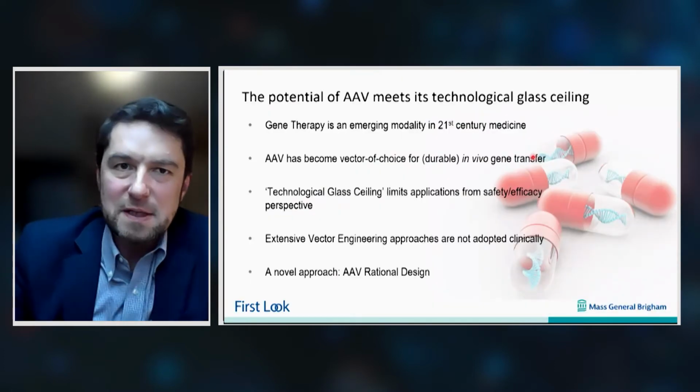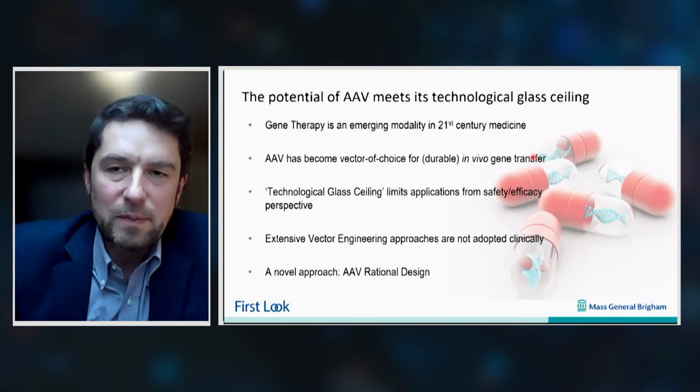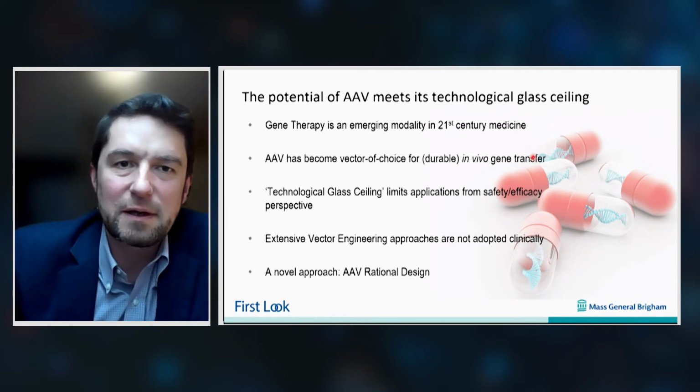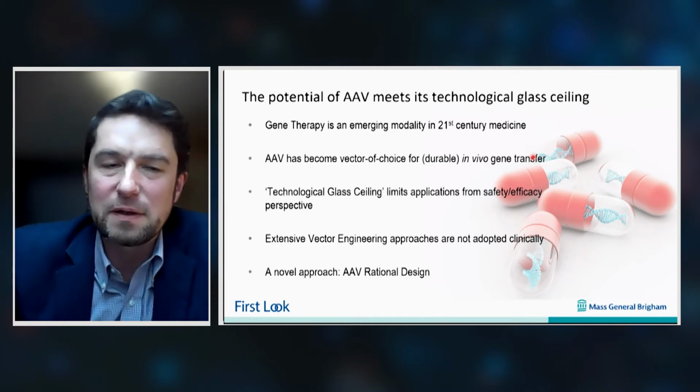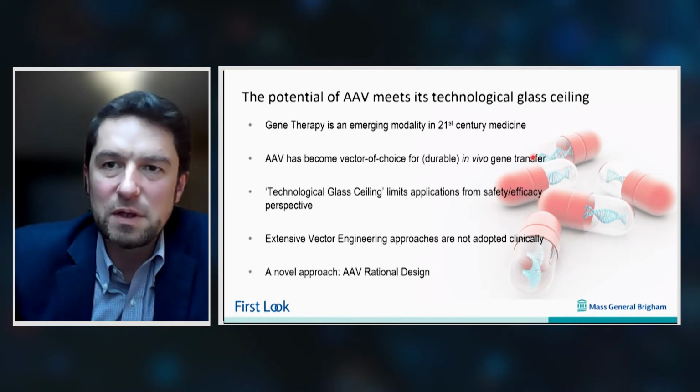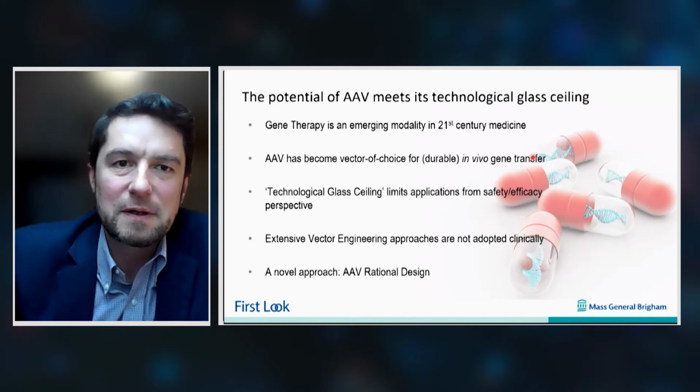Just maybe to set the stage a little bit, we make a statement here that the potential of AAV has been proven, however, it is meeting its technological glass ceiling. Most of you are well aware that this modality of gene therapy is really an emerging one in 21st century medicine.